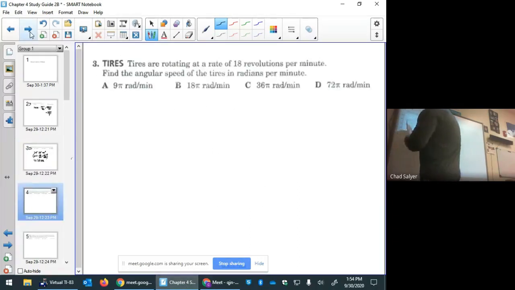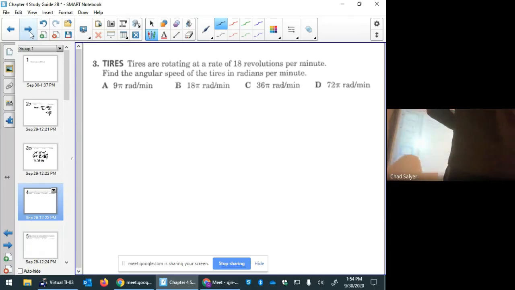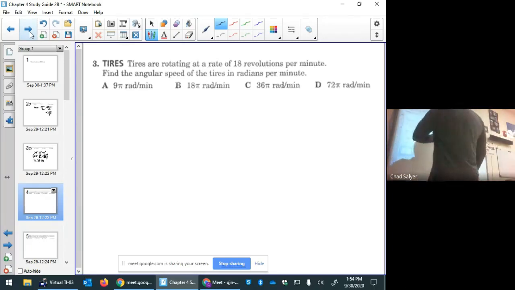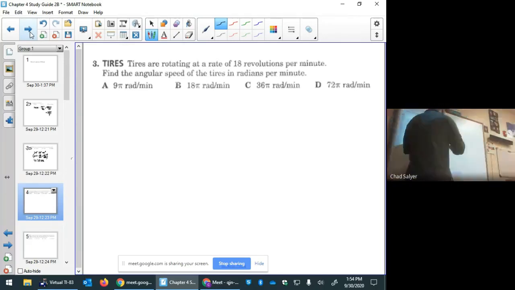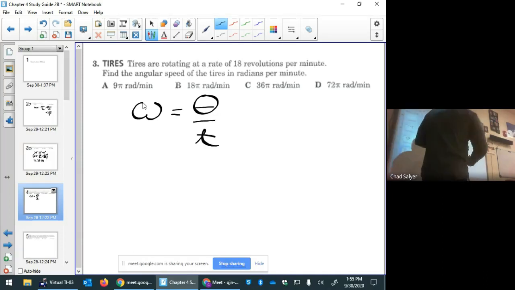All right, number 3. Tires are rotating at a rate of 18 RPMs. Find the angular speed of the tires in radians per minute. Well, remember that omega, the angular speed, is the angle in radians divided by the amount of time that passes.